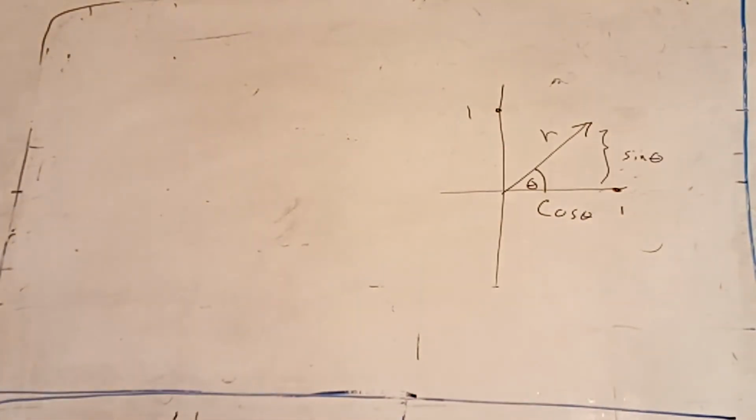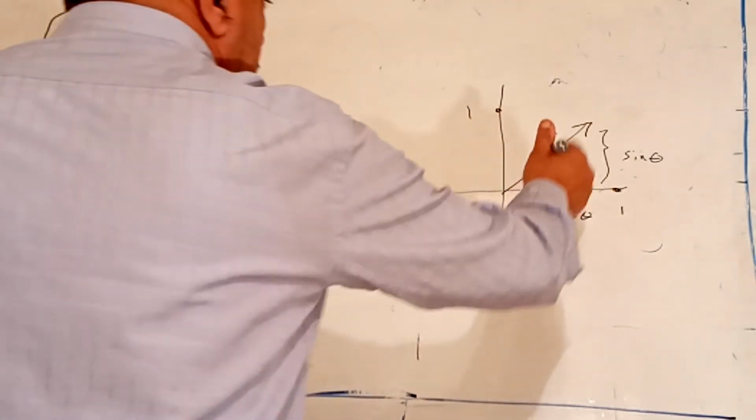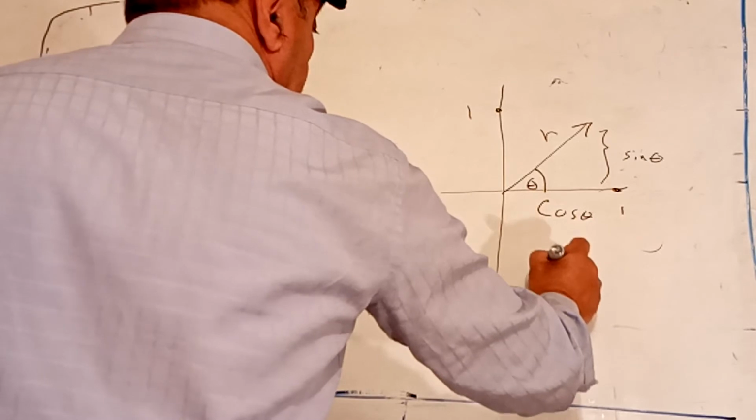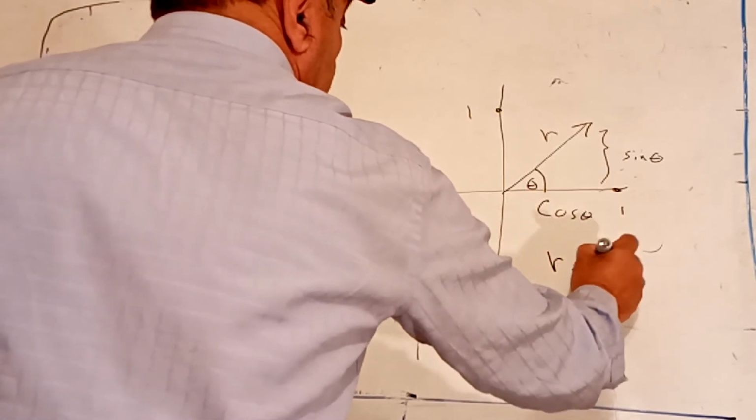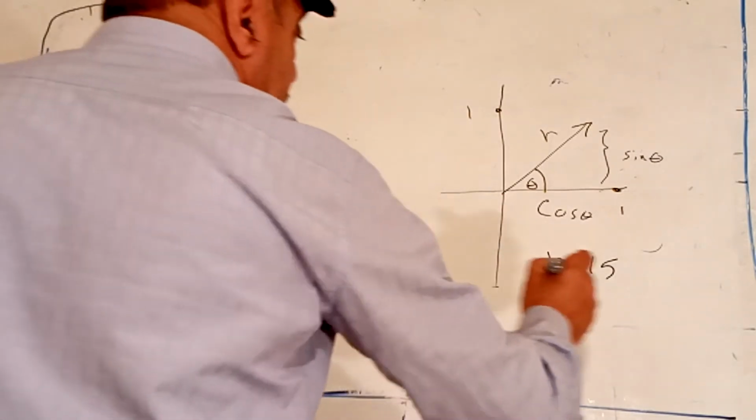For example, suppose that we have R equal 15, and theta equal to 30.